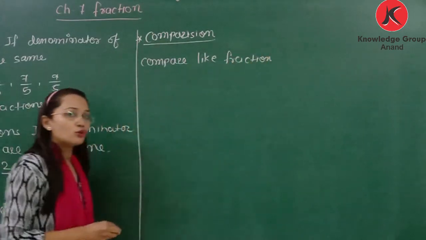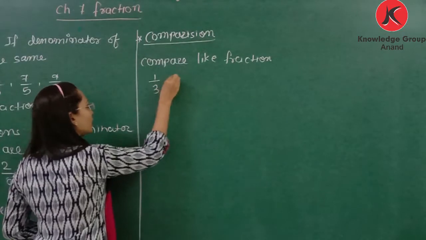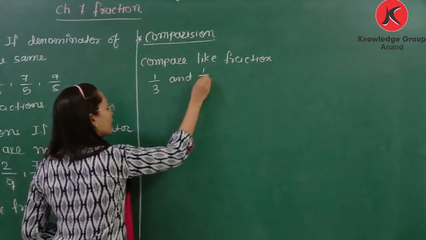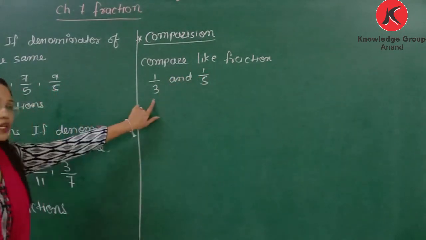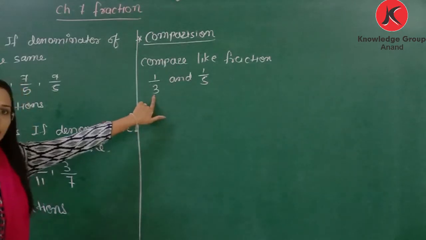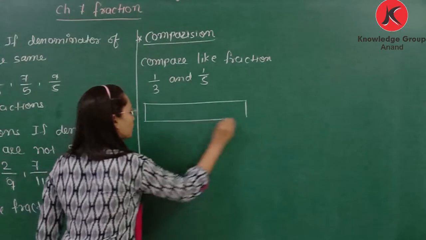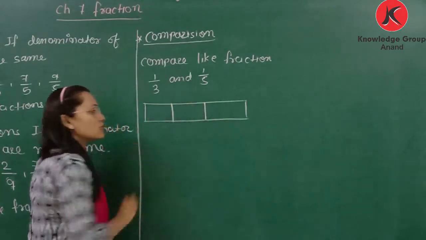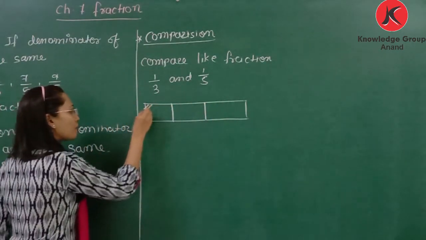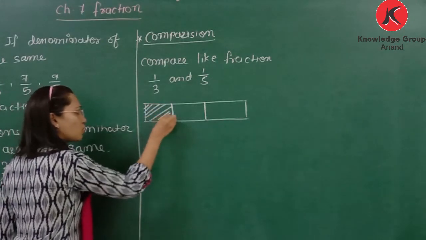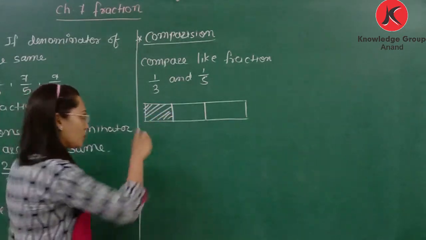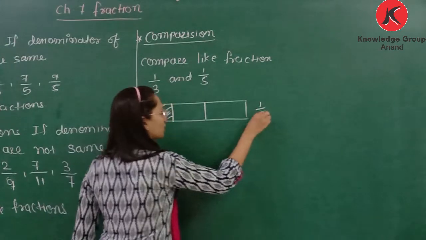So if we want to compare 1/3 and 1/5. Now we know that 1/3 means one whole is divided into 3 parts. So we can draw this kind of figure for this. To represent 1/3, we need to shade one part of these 3 parts. So this represents 1/3.